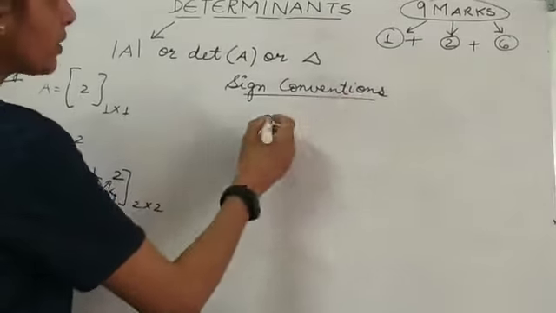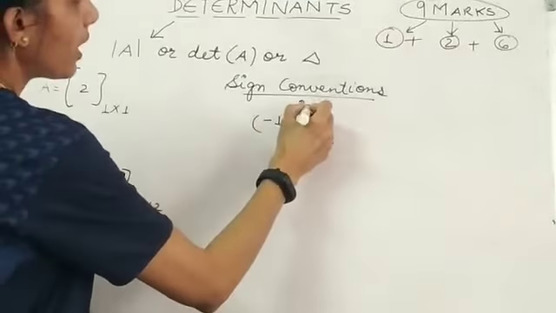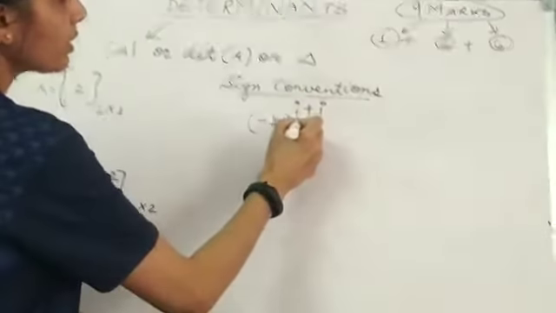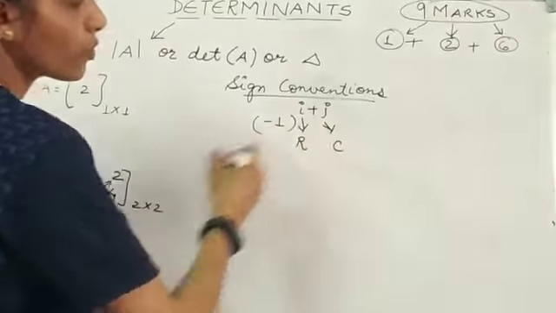So the sign convention can be represented as minus 1 raised to power i plus j. This i stands for row and this j stands for column.